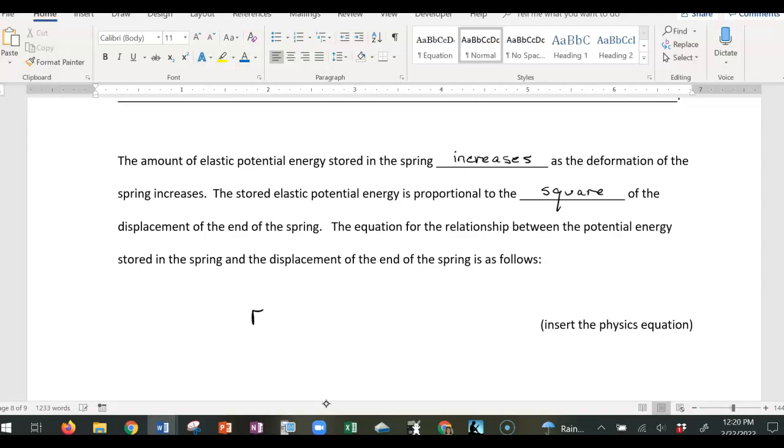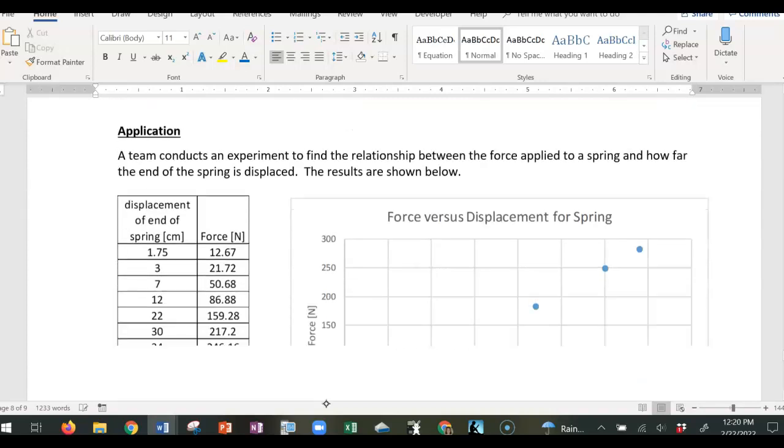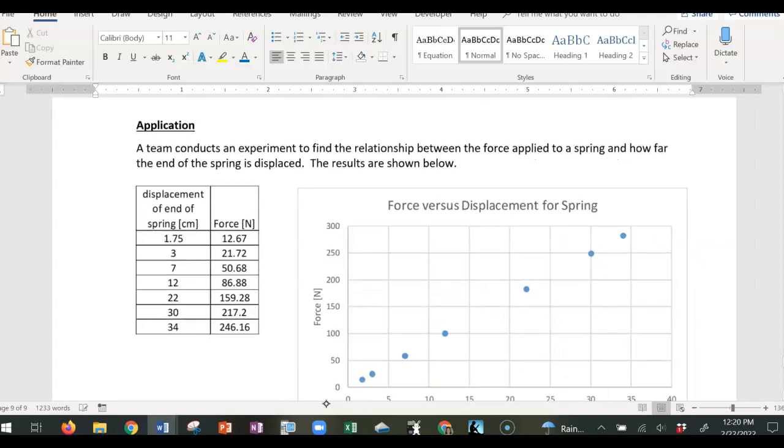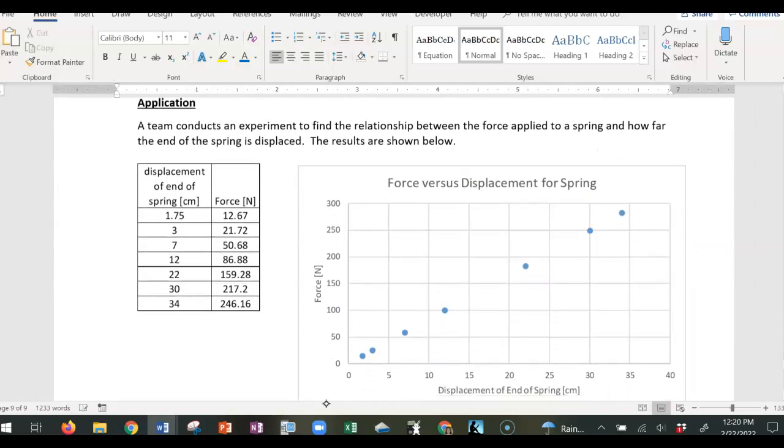And so I'll let you also copy that physics equation down. We had the elastic potential energy equals some slope times the square of the displacement. Okay, and then the last part of this lab are some application questions.